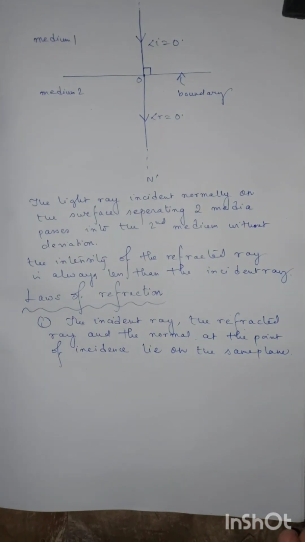Okay, that means incident ray, refracted ray, and the normal cannot be in two different planes. Okay, they will always lie on the same plane.